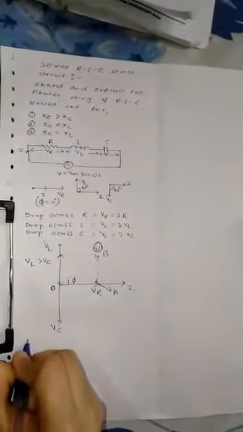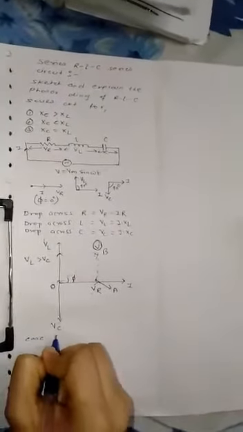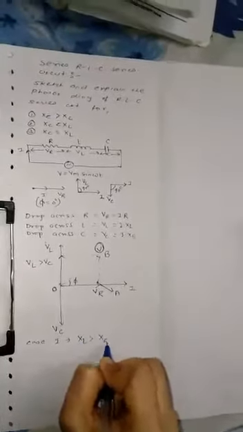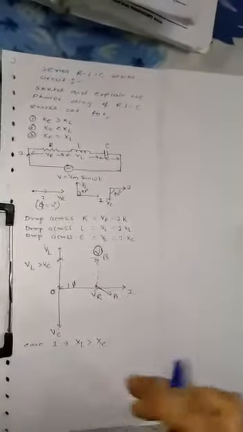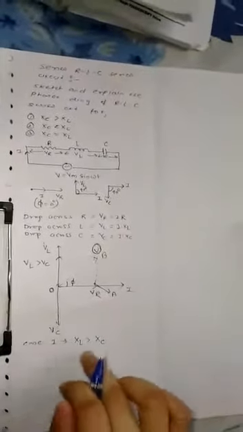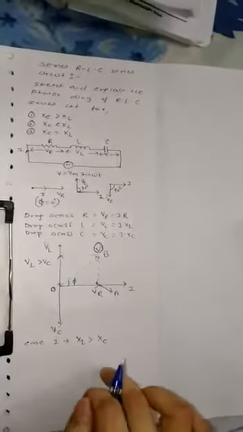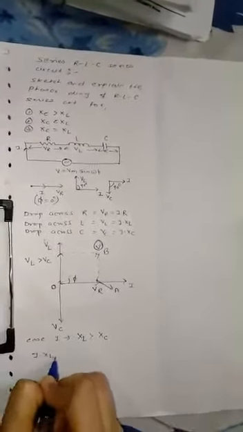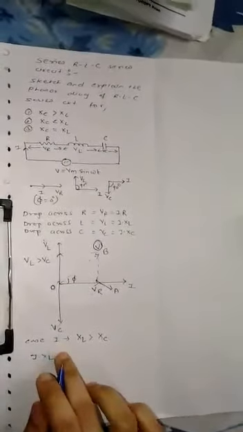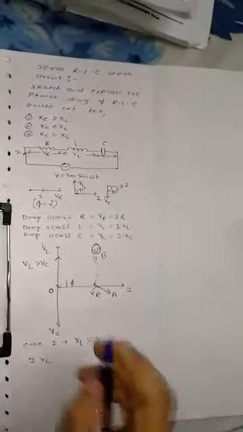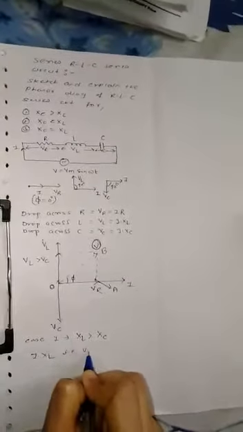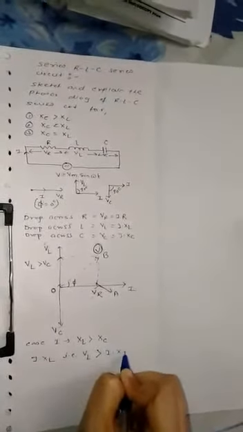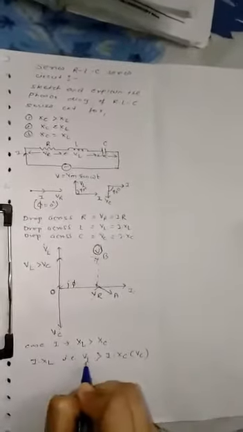Now the first condition, case 1: XL is greater than XC. When XL is greater than XC, obviously the voltage IXL, that is VL, is greater than IXC, that is VC.